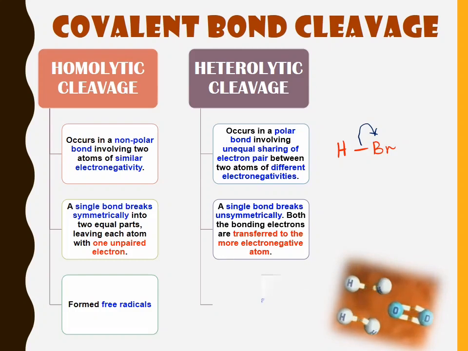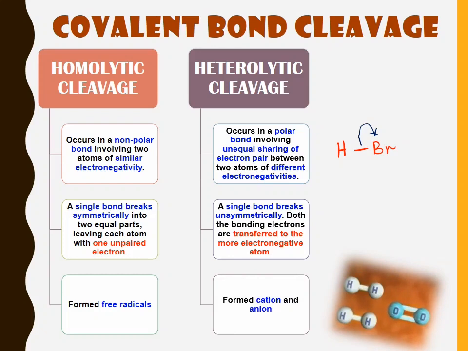So the products formed are a cation and an anion. Hydrogen becomes a cation with positive charge, while bromine accepts the electrons from hydrogen and becomes an ion with negative charge. So this is heterolytic cleavage.